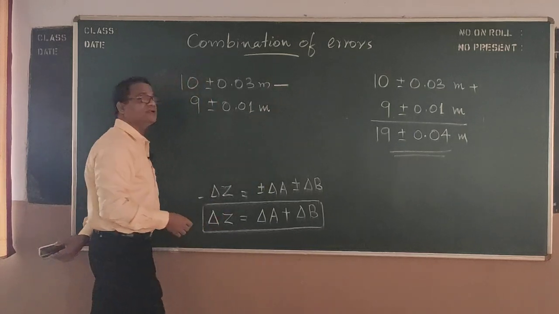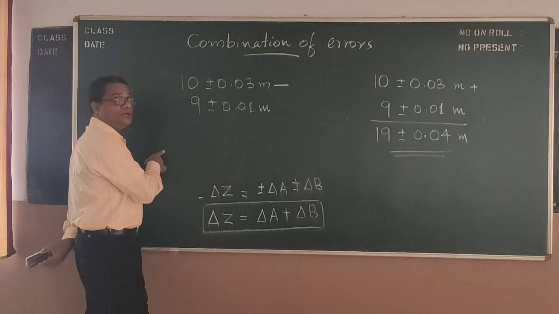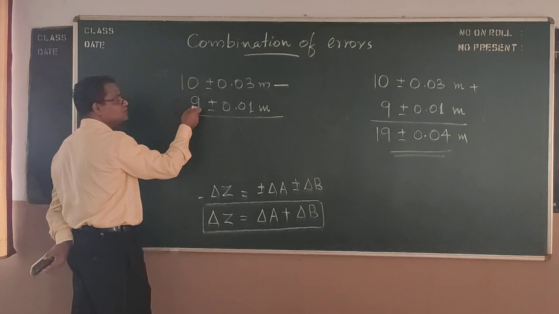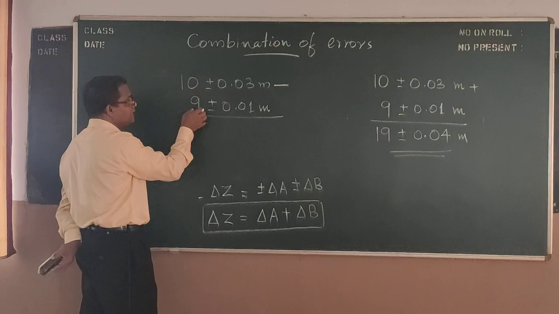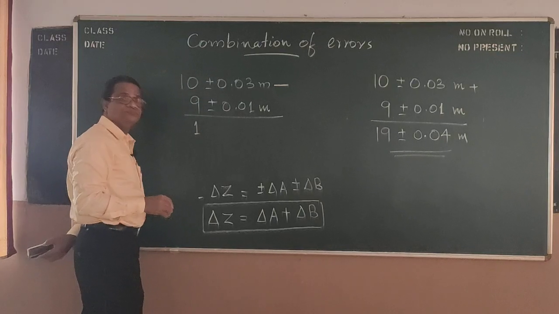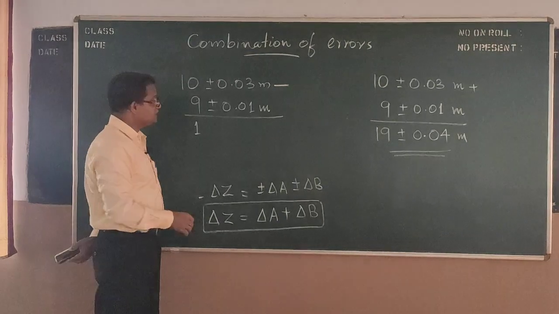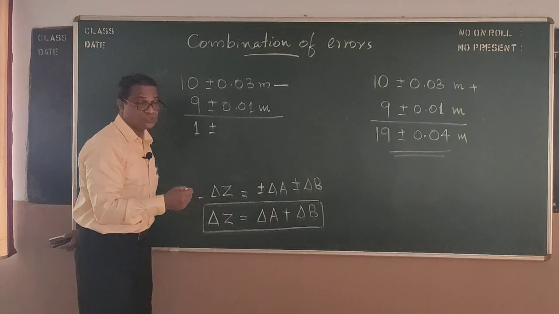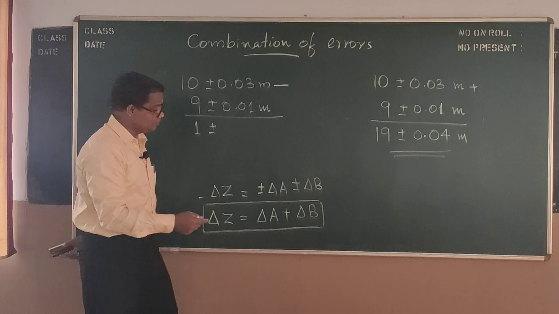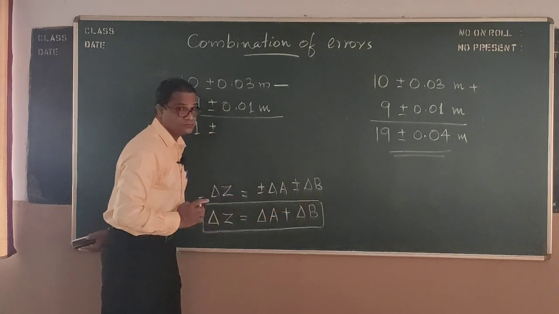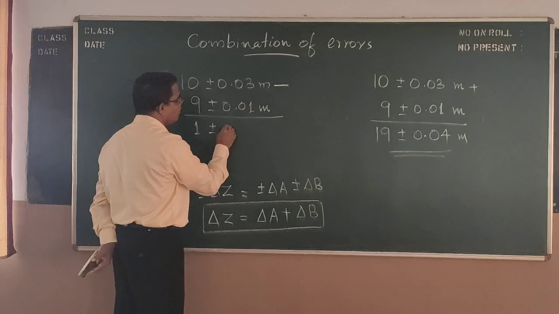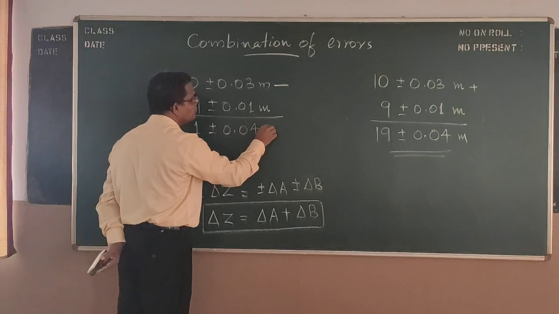You will take the difference, first one minus the other one. So when you do that, first the actual values, 10 minus 9, 1 meter. Then go for the other part. For subtraction also, the maximum possible error will be equal to the sum of the individual errors, which is 0.04 meter.